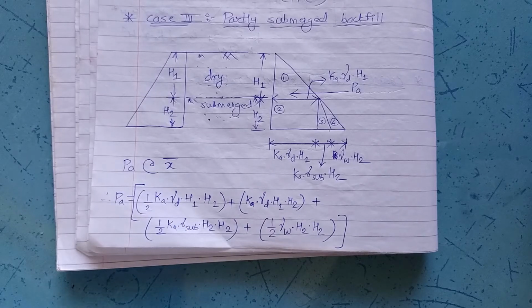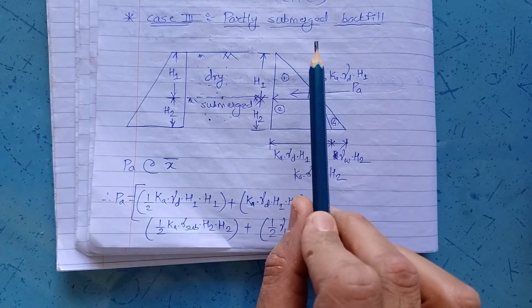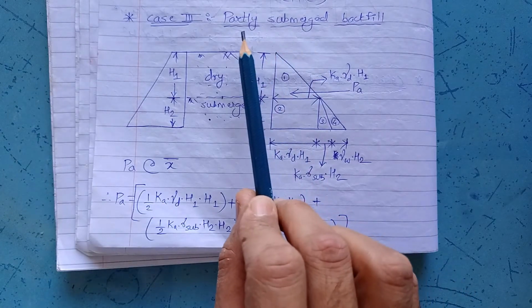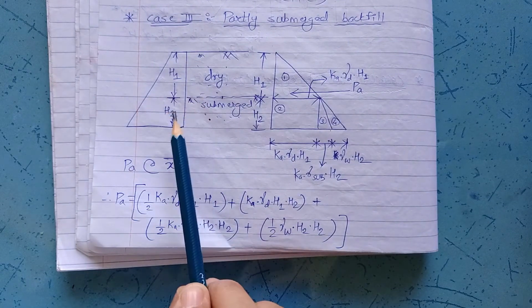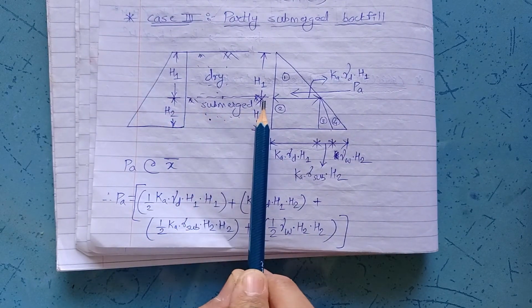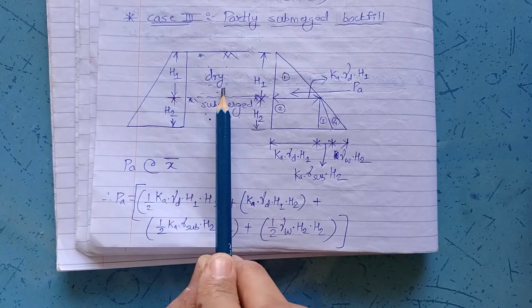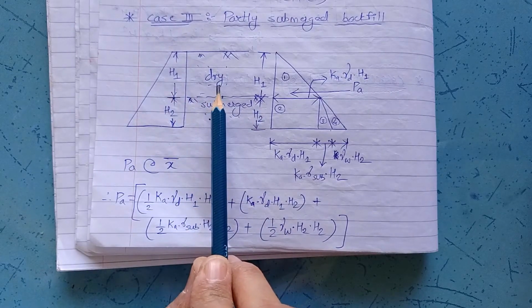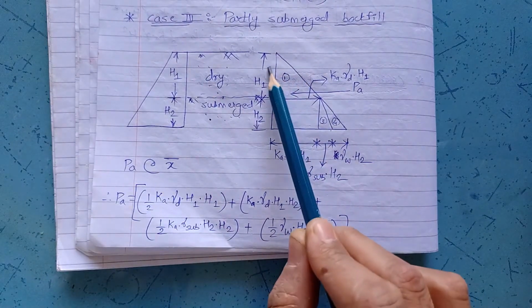Now this is the third case, where partly submerged backfill is provided. This will be the case where submerged soil is available up to a height of H2, and for a height of H1 dry soil is available, that is partly submerged backfill. This will be the pressure diagram for the same.